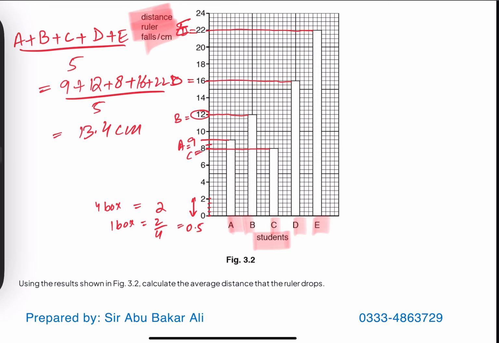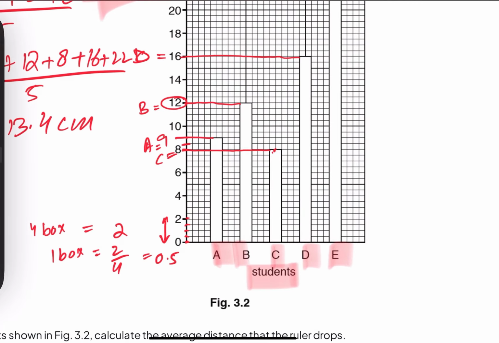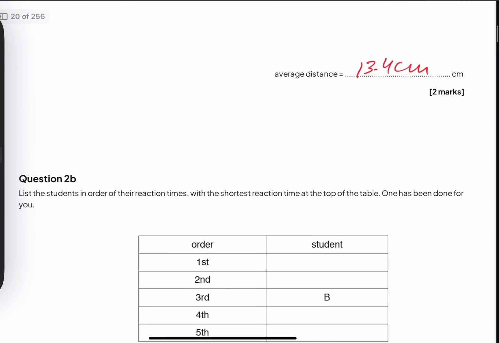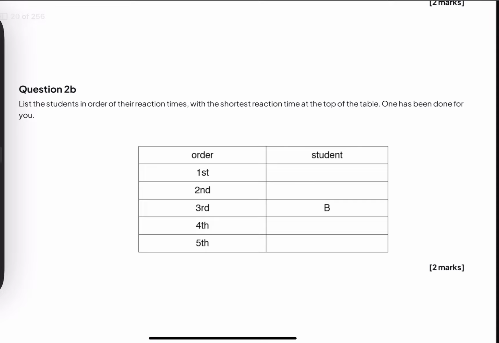We have to list them in order of reaction time. So the least reaction time is for C because it fell the least distance. Okay, that is the 8. So looking at the graph, this will be C, then this will be A, B is already given, this will be D, and this will be E.